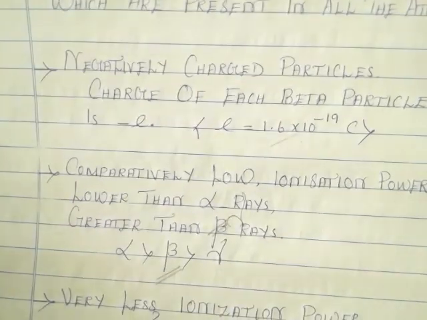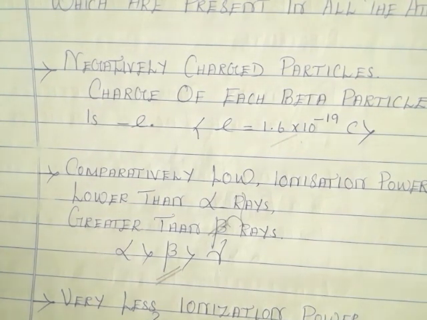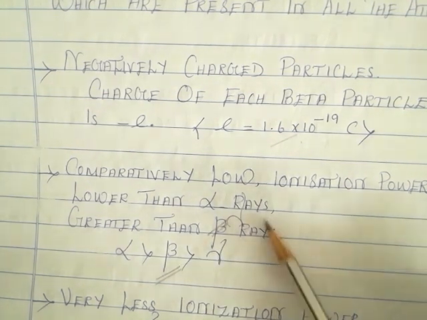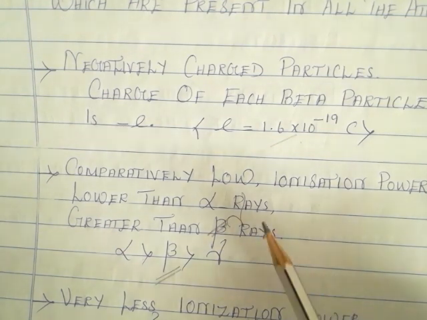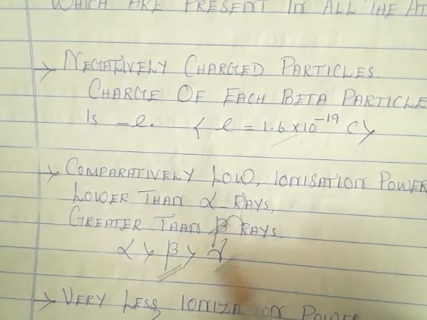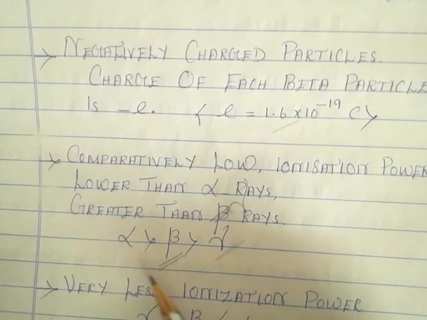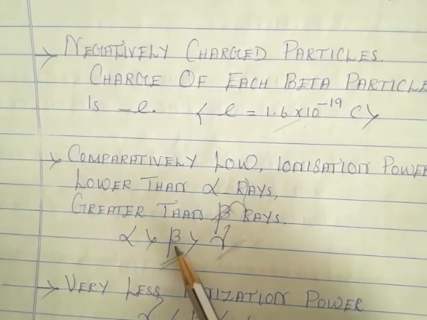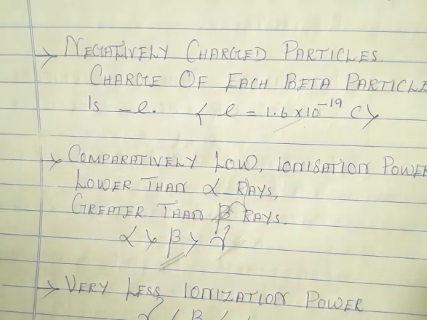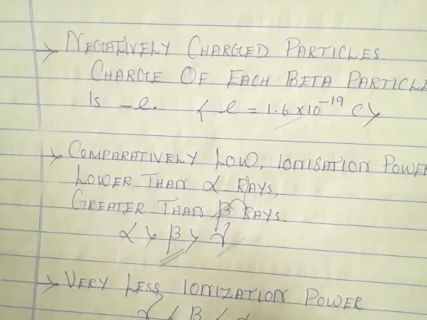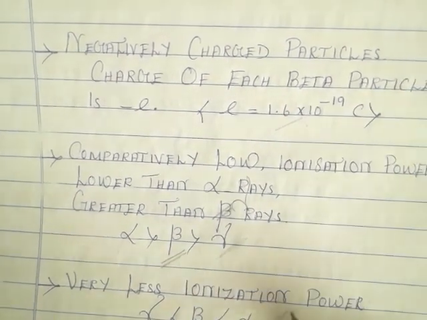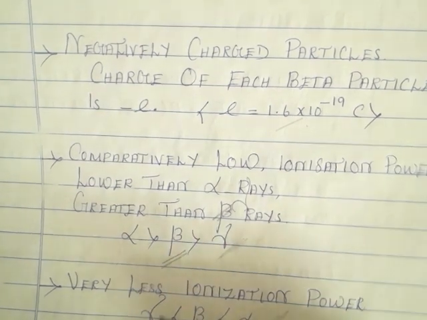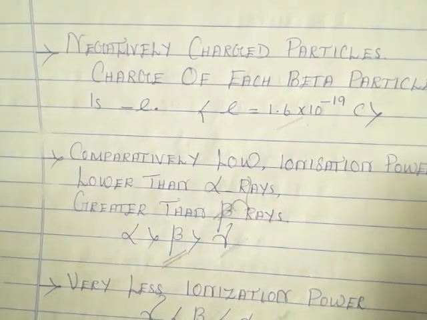Then the ionization power of beta radiations is lower than alpha and greater than gamma. For my convenience I have written it in this form: alpha is greater than beta is greater than gamma, which is very less. Ionization power means I will write gamma first and alpha last.